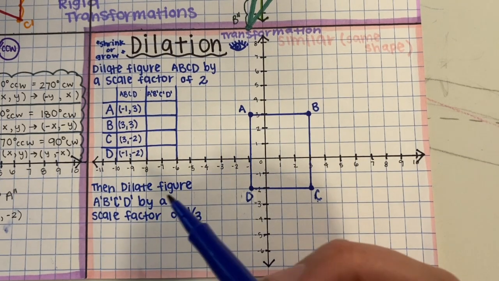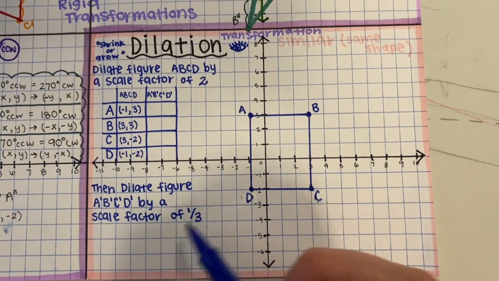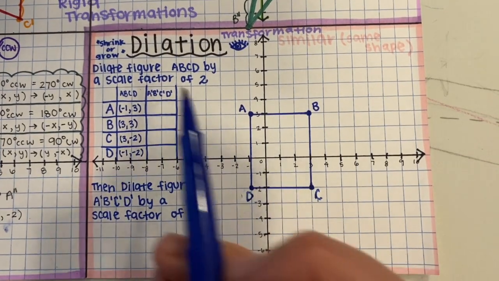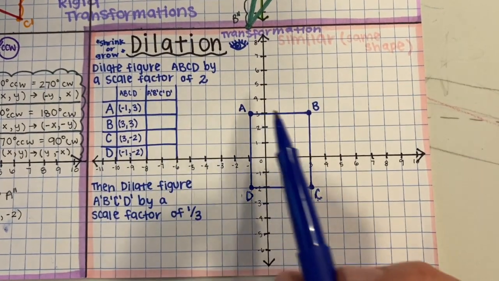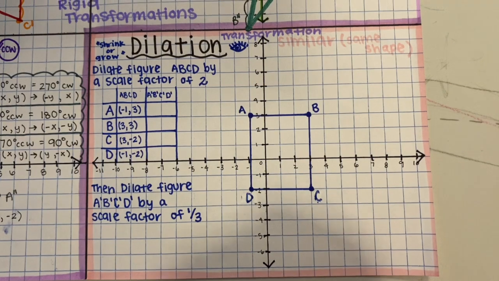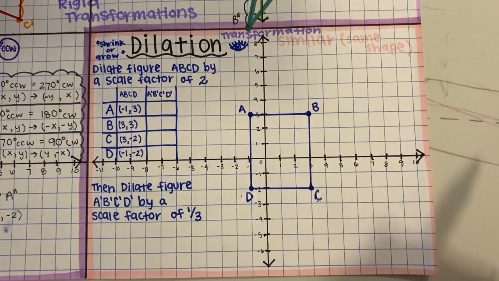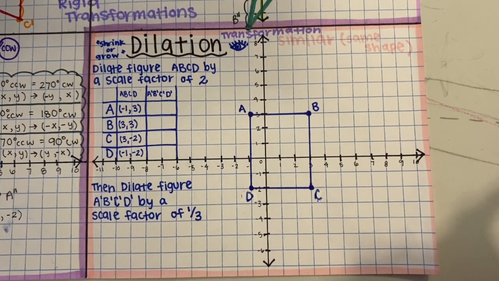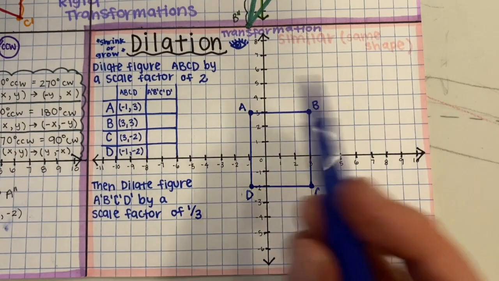So you're actually shrinking when you're working with a fraction. If my scale factor is less than 1, you are shrinking. If it's greater than 1, you are growing. So I'll write that as a little note once we have our figure drawn, but I just want to leave us enough space.